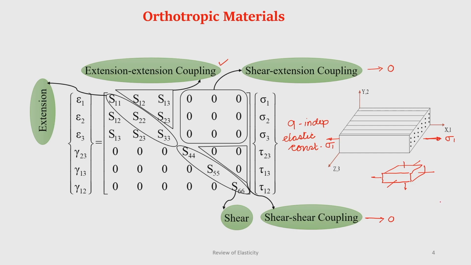Okay. Now, the natural question comes, the same is also true for isotropic material. Even in isotropic material, if we apply normal stress, that leads to normal strain, there is no shear strain. Then what is the difference? The difference is that in isotropic material, because the normal stress is in one direction, the strains in the transverse directions are same, meaning if it had been an isotropic material, this S12 and S13 would have been same, but this is not same for an orthotropic material.